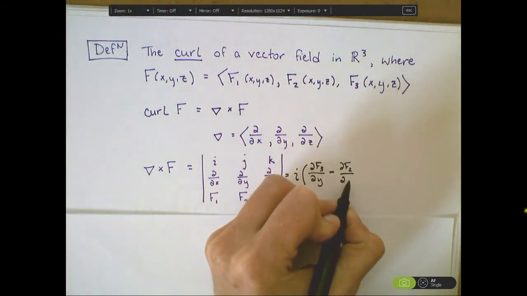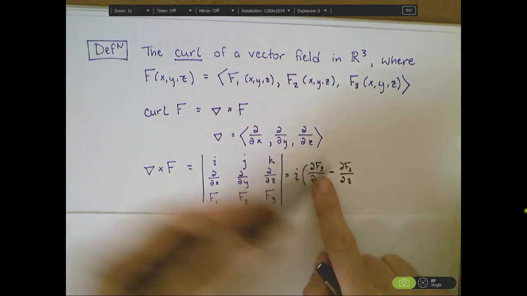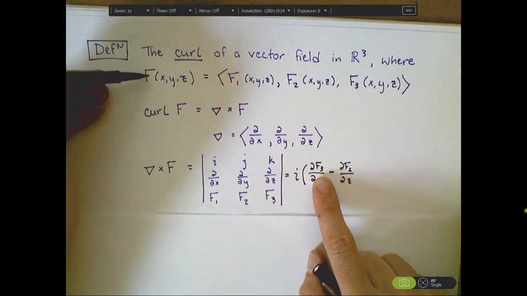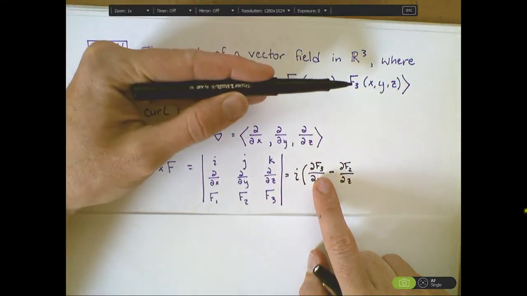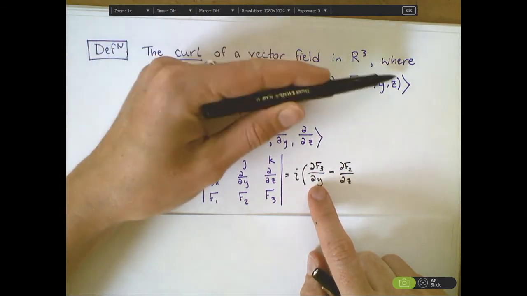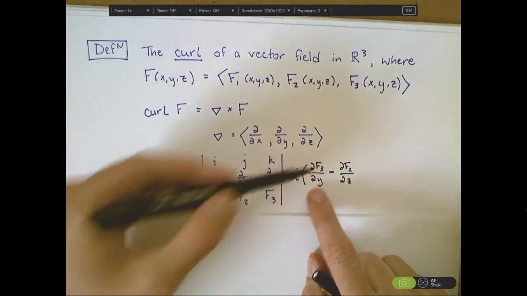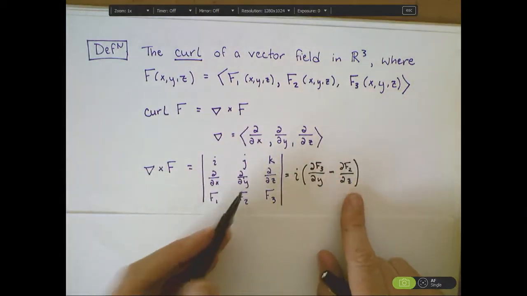So what do I mean by f3? In this case, f3 is the third component function. In my original function f, there are actually three different functions for each of the vector components, and I'm taking the third component function and taking the partial derivative with respect to y. The rest of this follows similarly.